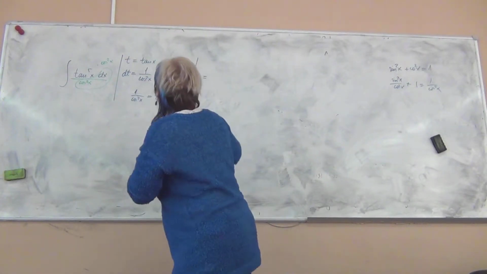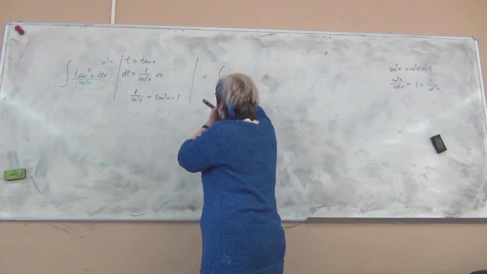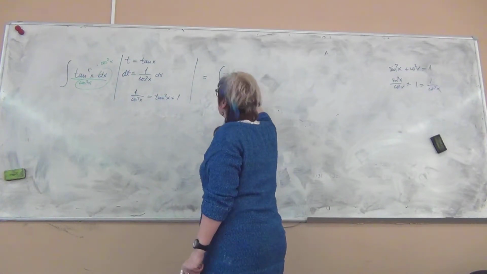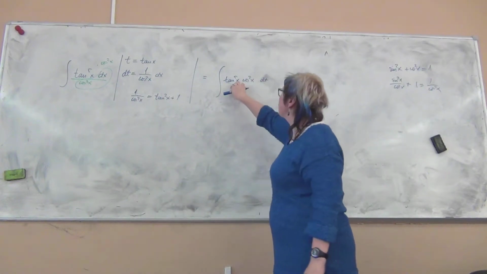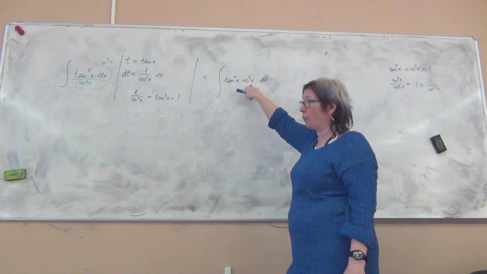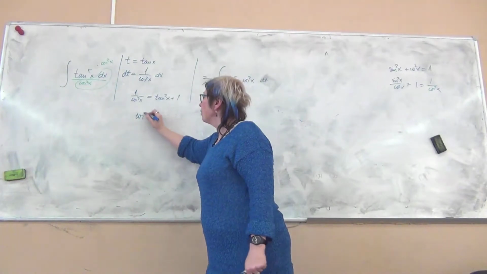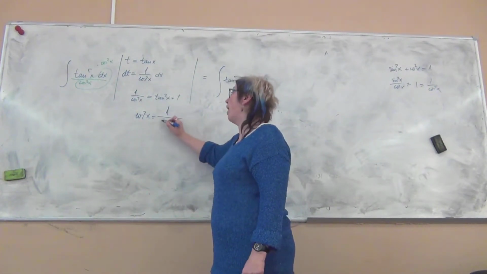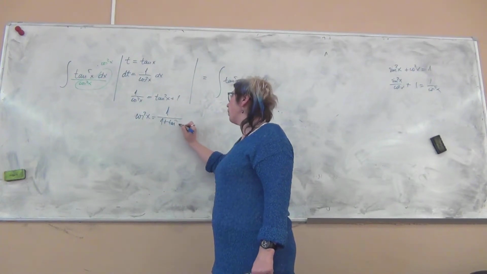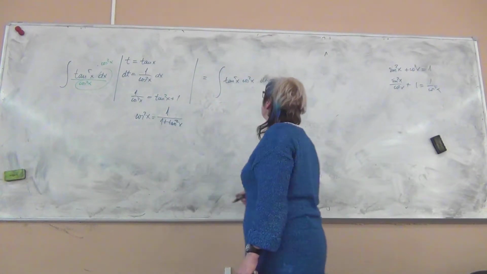So this is tangent to the fifth x times cosine squared x. Now this is dt, this is t to the fifth. Cosine squared of x, if we turn this upside down, is 1 plus tangent squared of x.